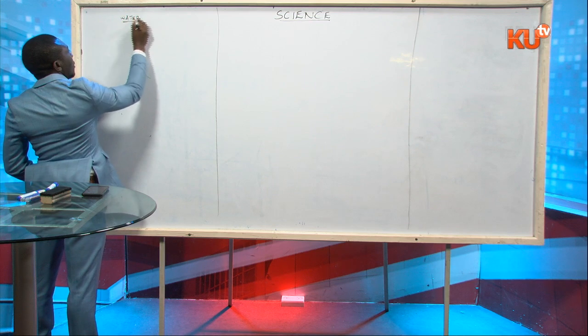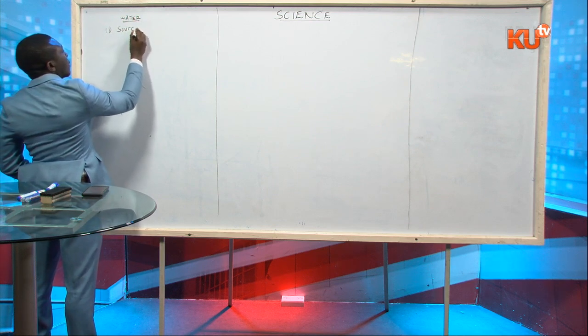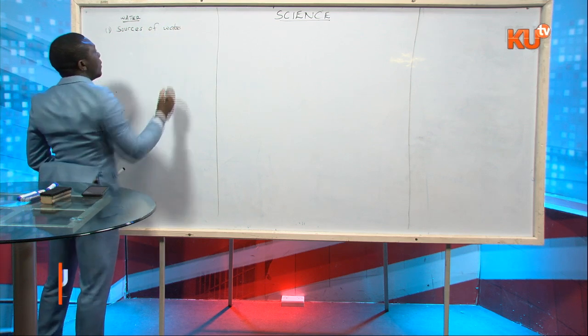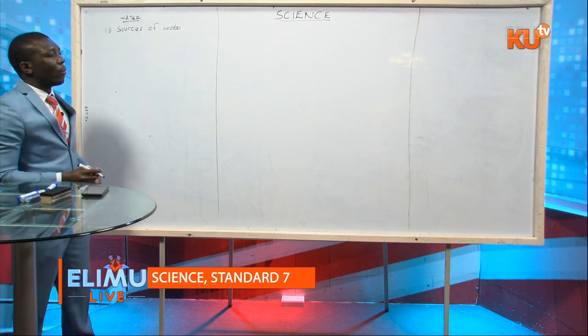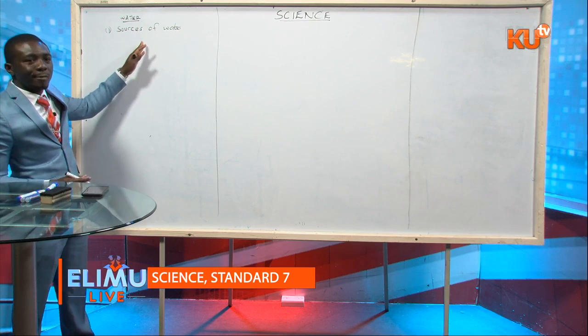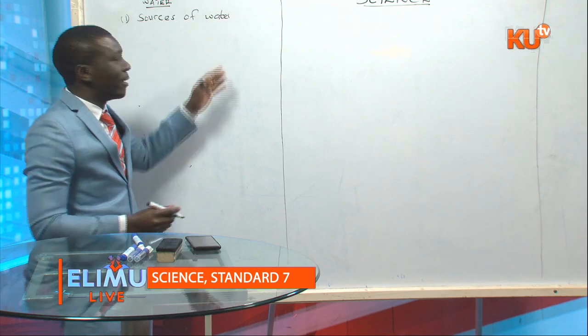In class 1, we learned about sources of water. And a reminder for those who were not there, we have got different sources of water. The main source of water is rain. And I said there, tap is not a source of water.